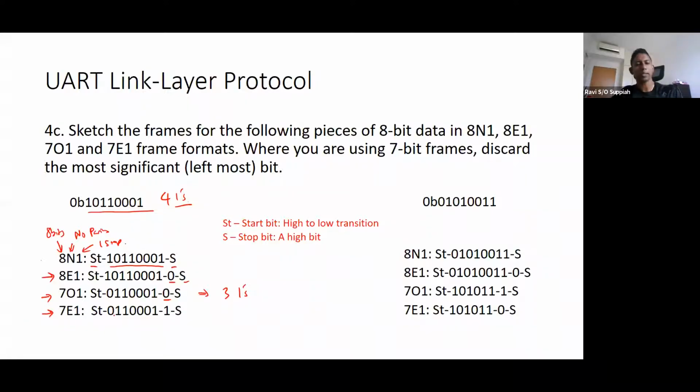For this one over here, the same thing: start bit, 7 bits of data. Since I have 3 ones, I need a 1 as the parity bit, and then a stop bit. So it is quite standard the way you deal with this format: 8N1, 8E1, 7O1, and 7E1.